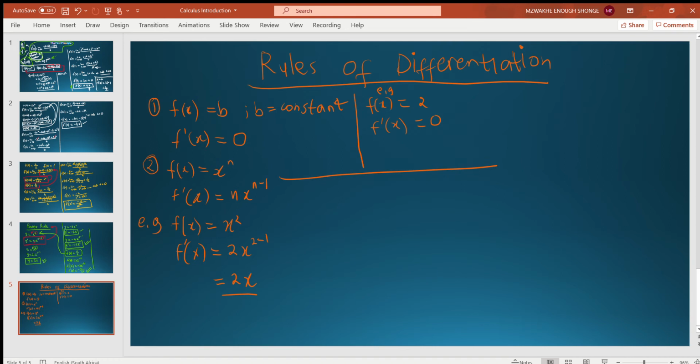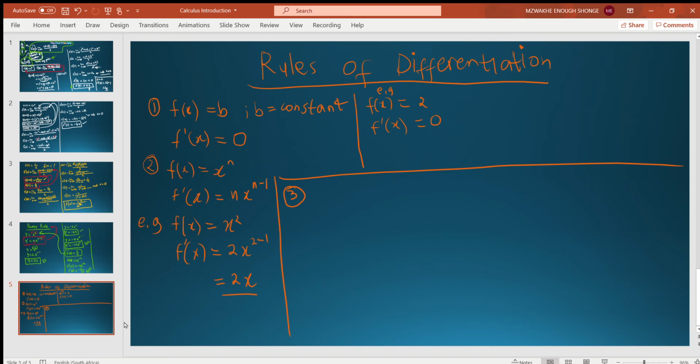Now, rule number 3. If you are finding the derivative of two functions added or subtracted, then you add or subtract the derivatives of those two functions.